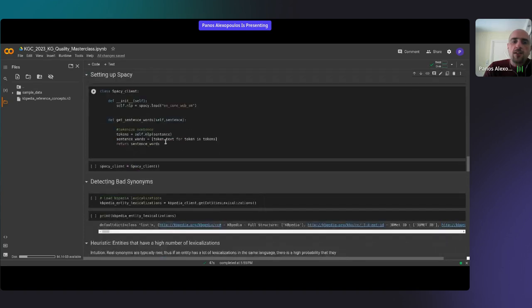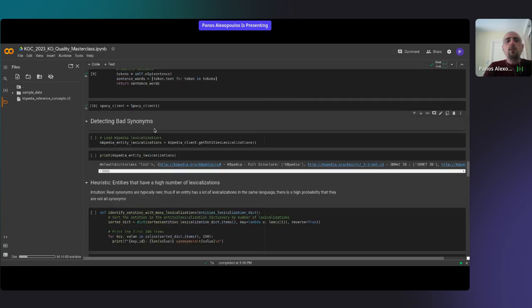But again, it's a very simple thing. I'm just using this to split any compound term into multiple words, and I deliberately use spaCy instead of something more naive to ensure that special cases like dashes or other things are taken into account. So you can execute this.